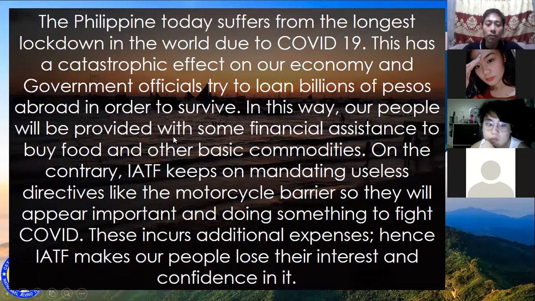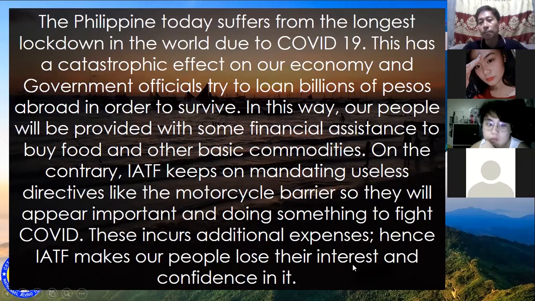In this way, our people will be provided with some financial assistance to buy food and other basic commodities. On the contrary, IATF keeps on mandating useless directives like the motorcycle barrier, so they will appear important in doing something to fight COVID. This incurs additional expenses. Hence, IATF makes our people lose their interest and confidence in it.